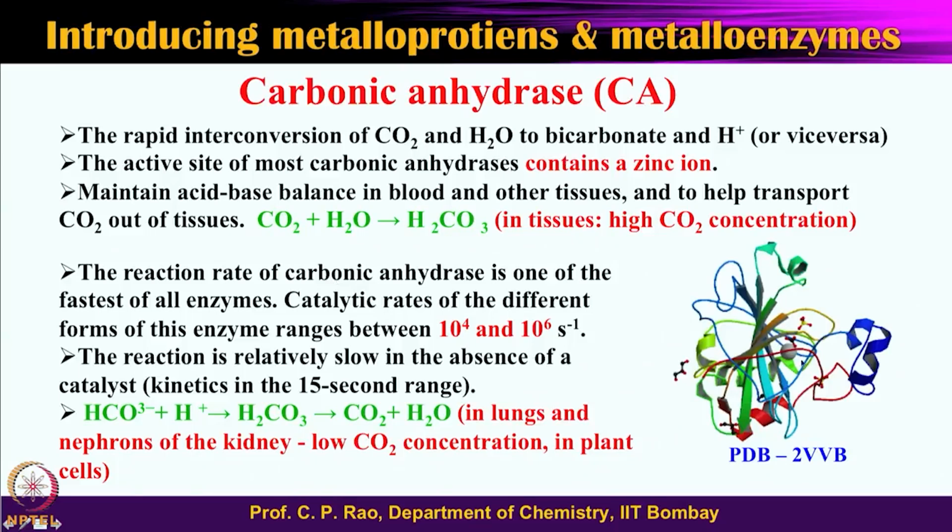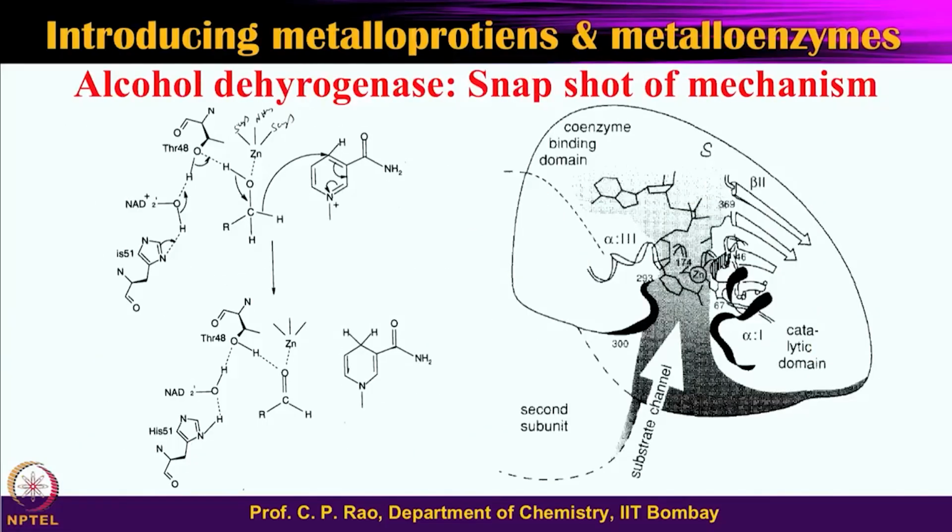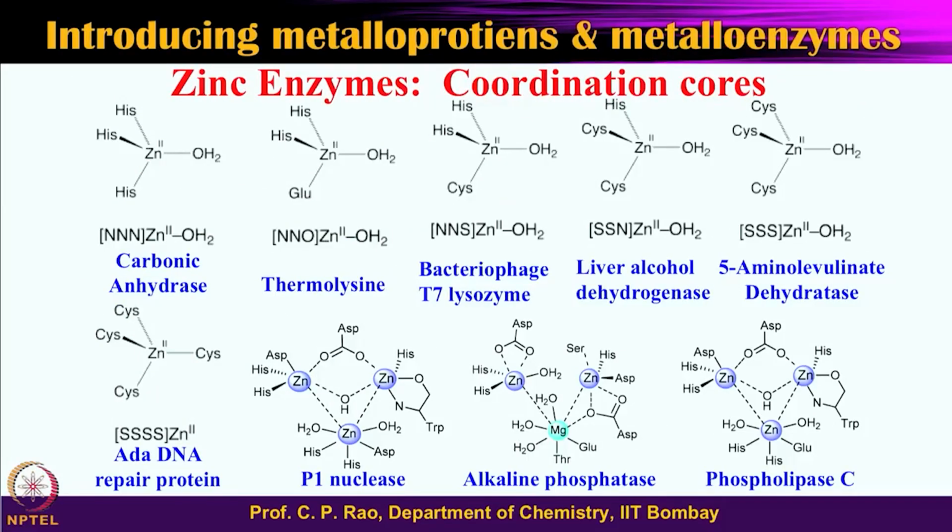As you can see, it has only one catalytic center, and this catalytic center will basically convert carbon dioxide to carbonate in a reversible reaction. So, let us look at the enzymes that we have seen initially.